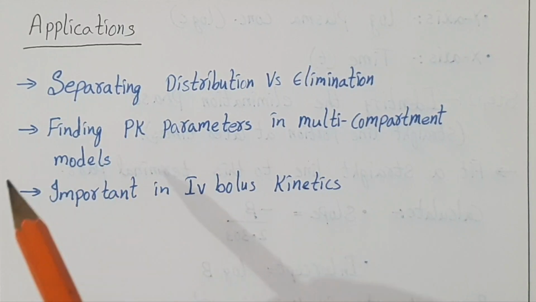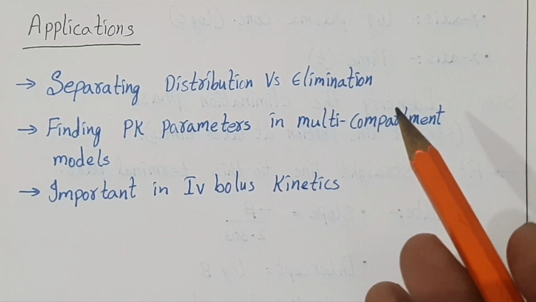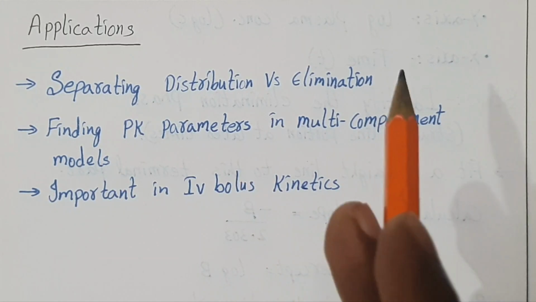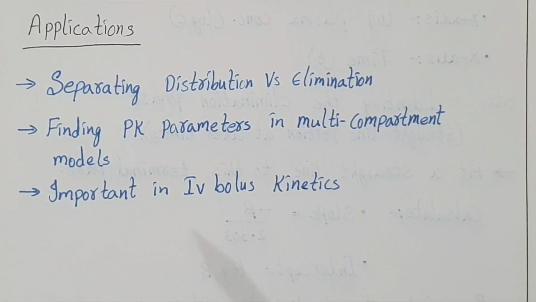Let's see the applications of this method. We can use it to separate the distribution and elimination phases. We can also use this method to find pharmacokinetic parameters in multi-compartment models. In some studies, urinary excretion data is also used.